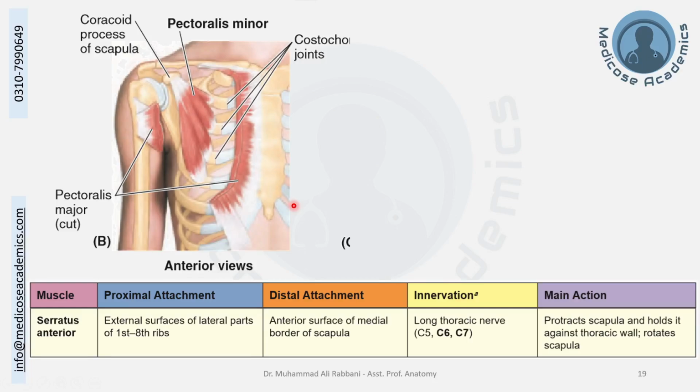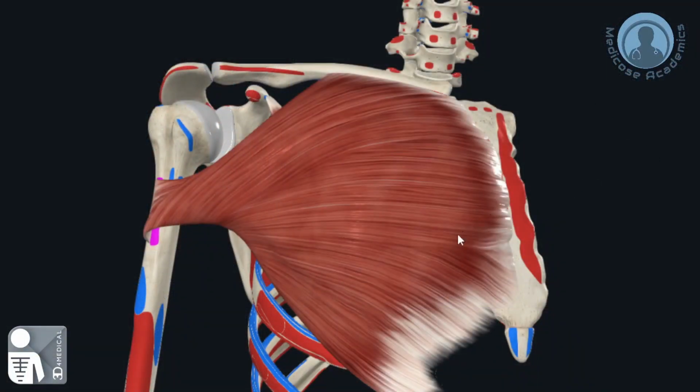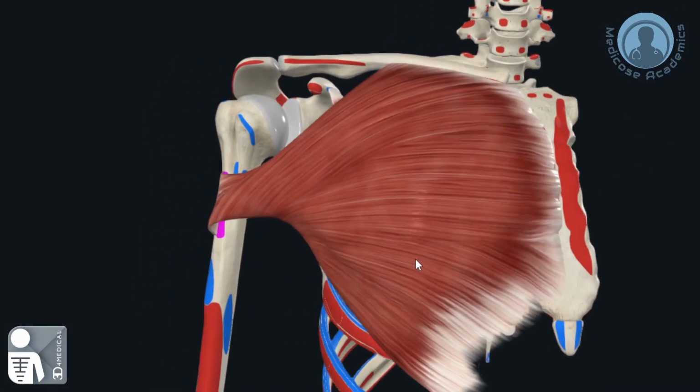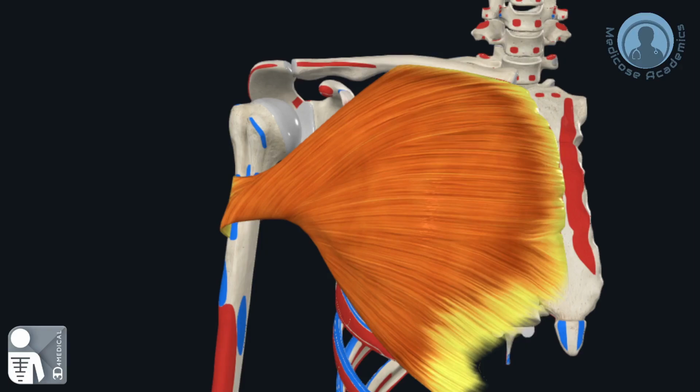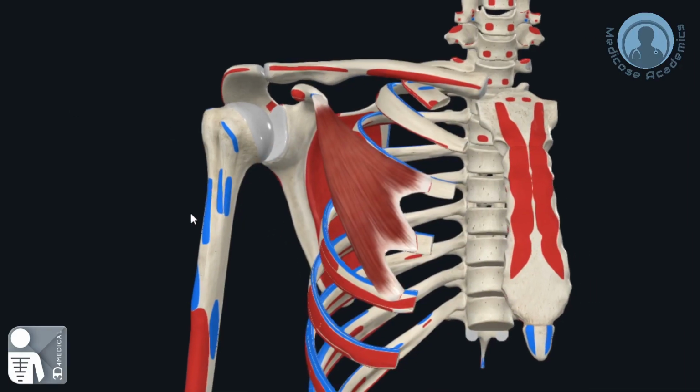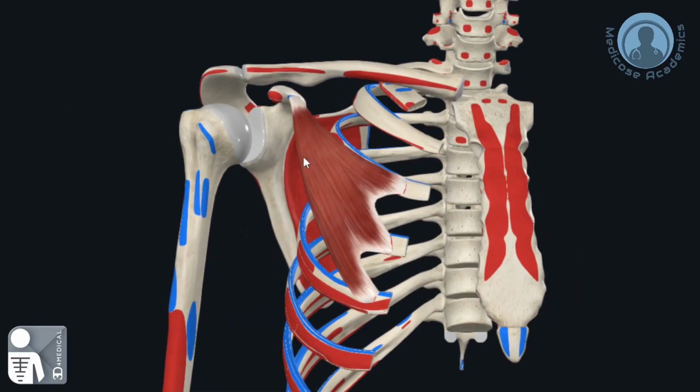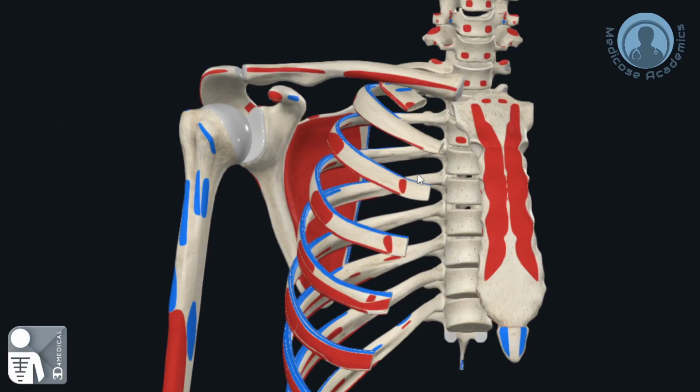Then comes the pectoralis minor muscle. As you can see in this model, this is the muscle that is present just underneath the pec major muscle. And when talking about its attachment, this is originating from rib number 3, 4, and 5 majorly.